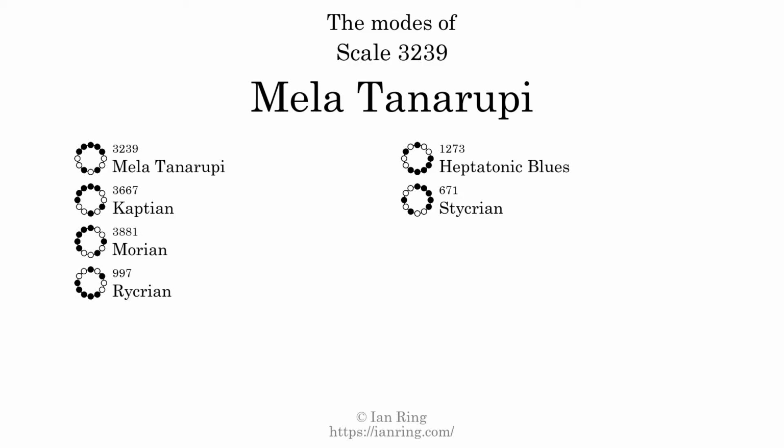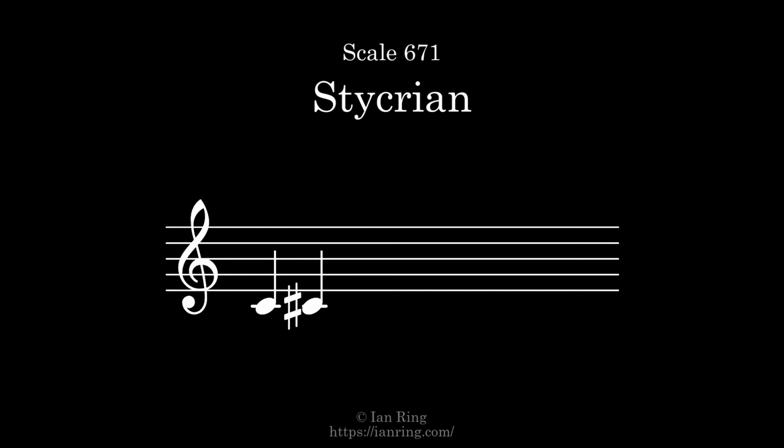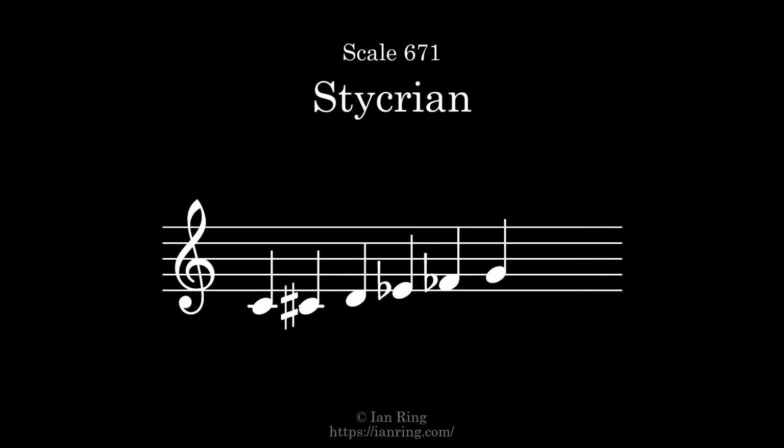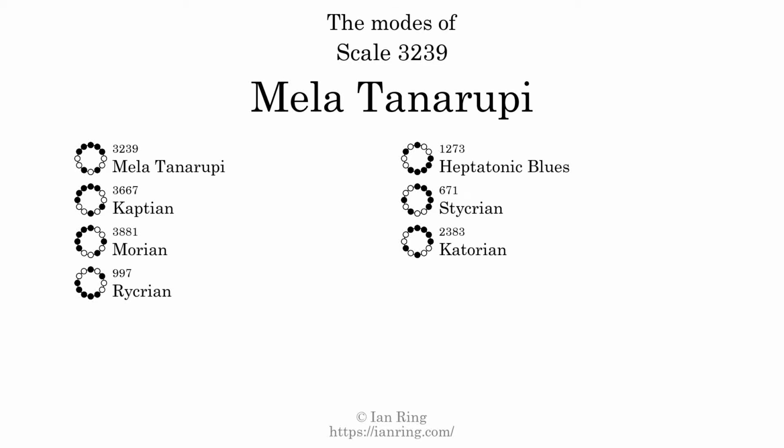The sixth mode is scale 671, also known as Triads. It sounds like this. The seventh and last mode is scale 2383, also known as Katorian. It sounds like this.